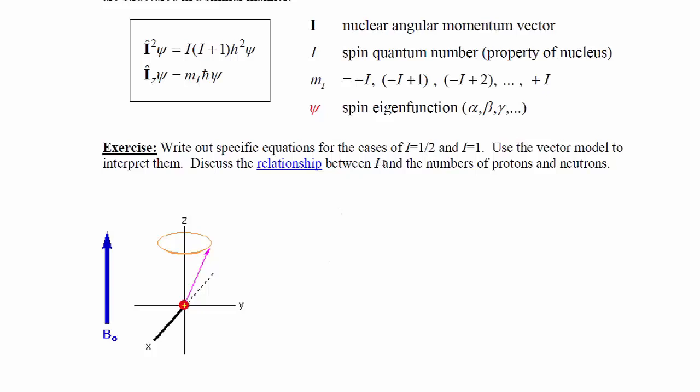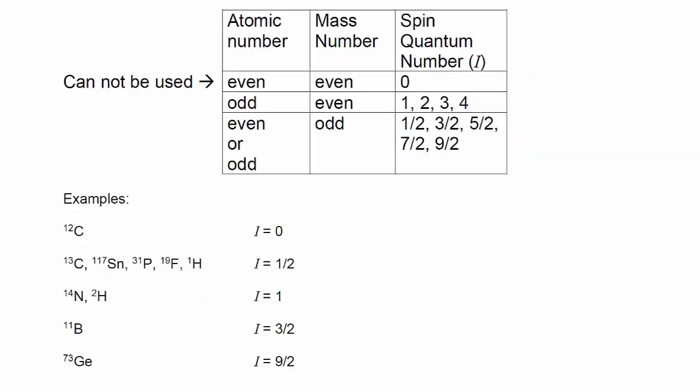Let's look at the different values possible for the spin quantum number with some examples. First of all, we can categorize nuclei into several different types according to their atomic number and mass number. If you have an even atomic number and an even mass number, the spin quantum number will be 0.